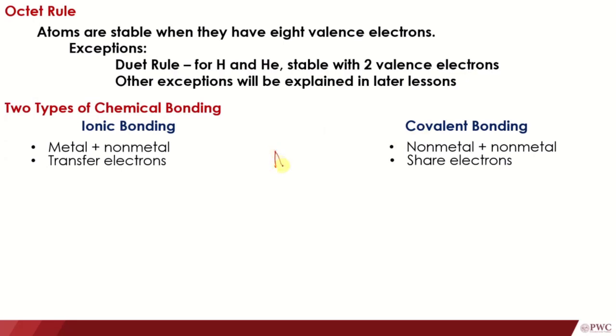Let's take, for example, sodium chloride, or NaCl. This is formed by the bonding of one sodium atom and one chlorine atom. In this case, the electrons are involved in the bonding of these atoms. So let's take the electron configuration of sodium and chlorine.